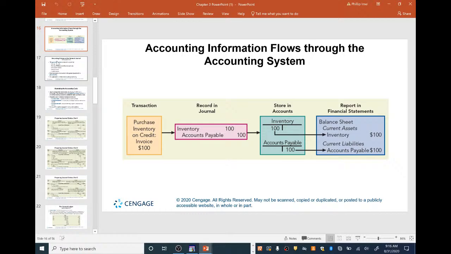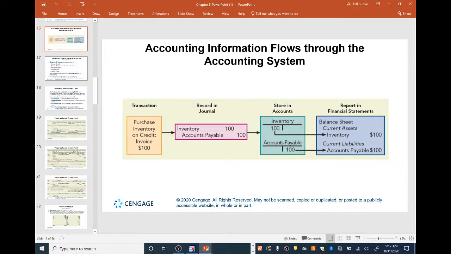And then the output, once again, remember, is the financial statements for the external users for decisions, right? So this right here is just a little bit of how the accounting information flows through the accounting system, okay? So once again, remember, we're going from the transaction at the point of sale all the way to the end result of the financial statements when it's reported in financial statements. So how's that accomplished within this system?